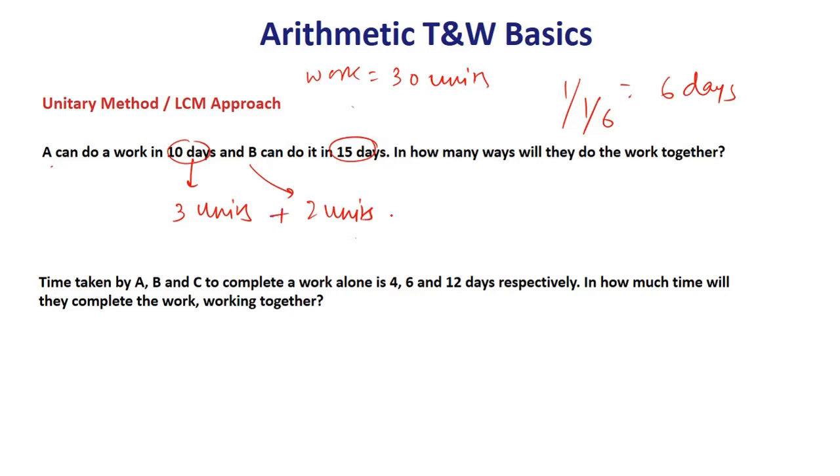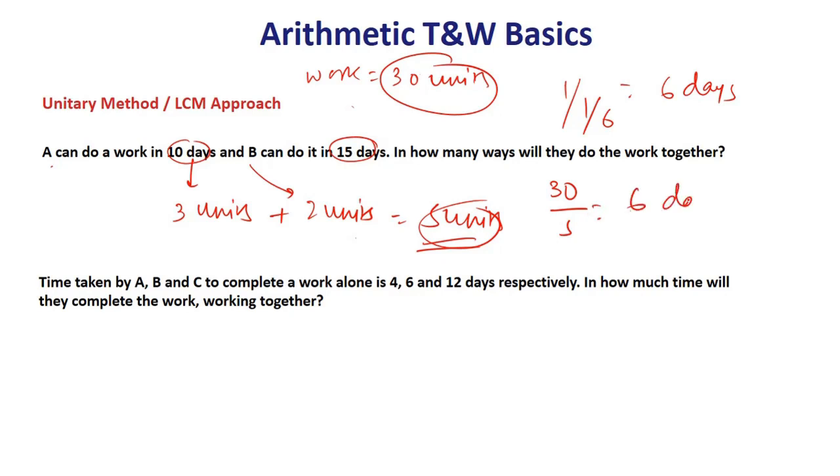So the combination will do 5 units per day. A and B combined are doing 5 units per day. Total work is 30 units. So therefore the time taken should be 30 upon 5, which is 6 days. So I hope this is clear to you. Both unitary method and LCM method are effectively one and the same thing. But if you believe that one of them is easier, you can take that approach.